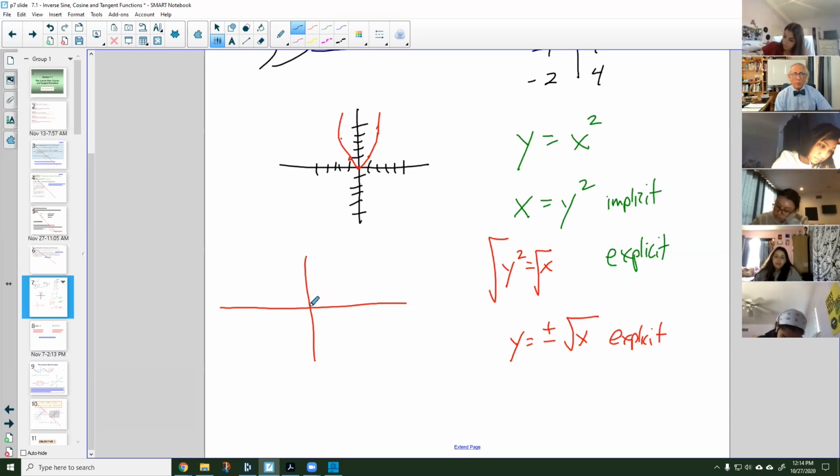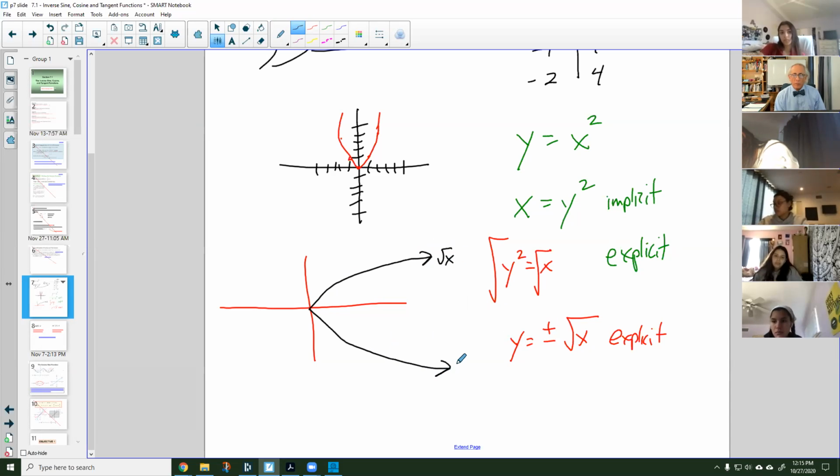Do you remember that the square root of x function looks kind of like that? This is the function square root of x. Are we okay with that? Well, it's plus or minus the square root of x. So for minus square root of x, I have to go down here. This is negative square root of x.